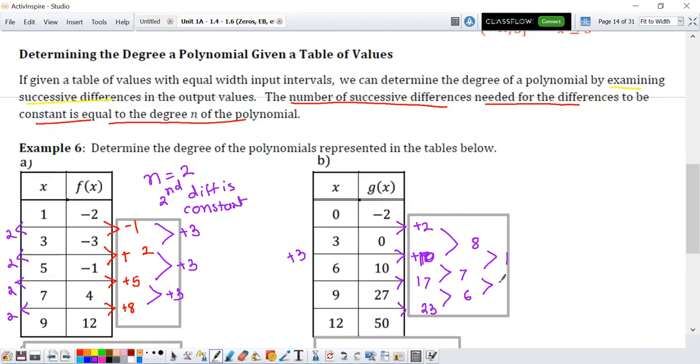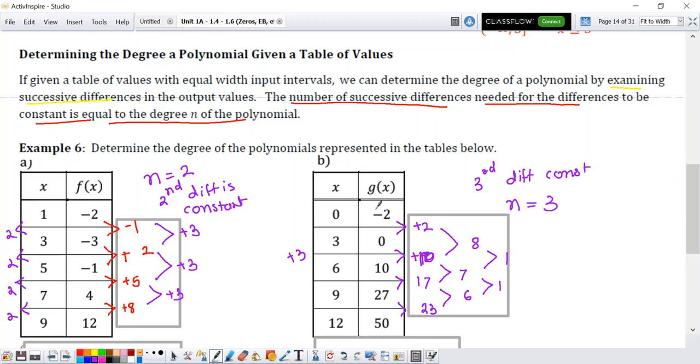So now the difference is 1. So first difference, second difference, third difference is constant. So n is 3, which means g of x is a cubic function.